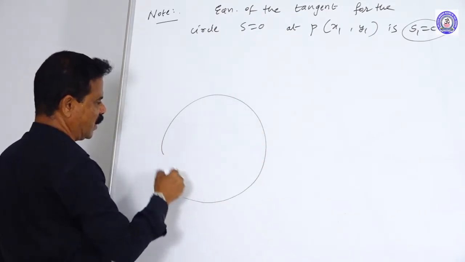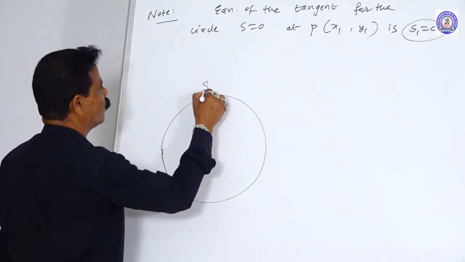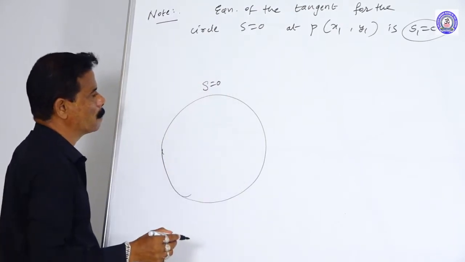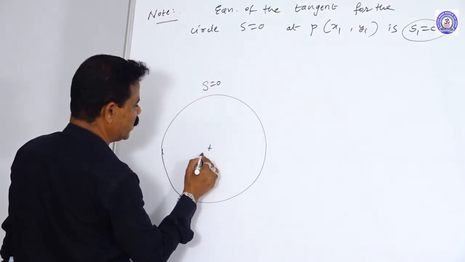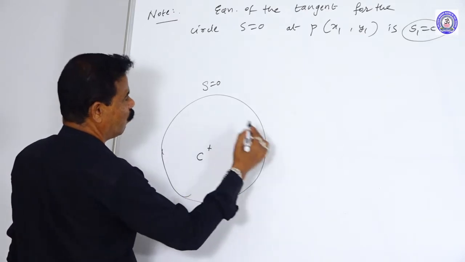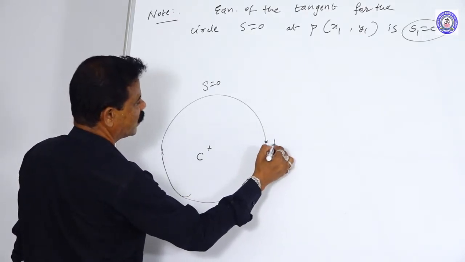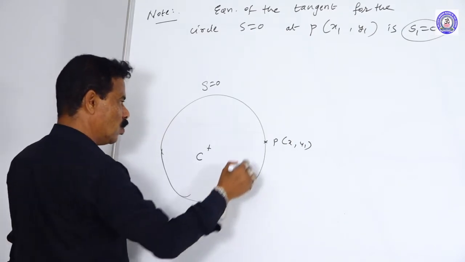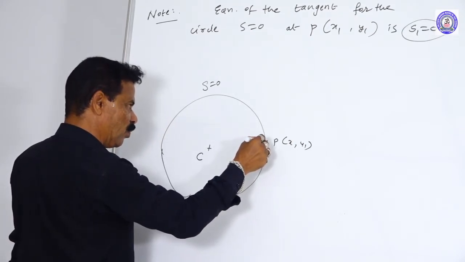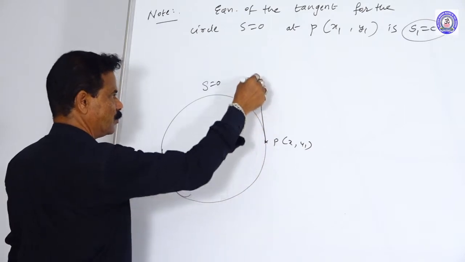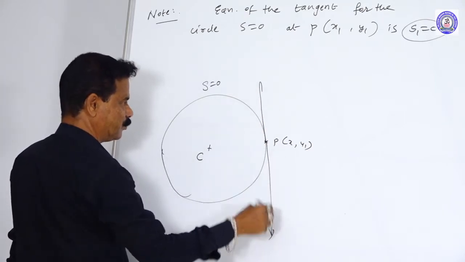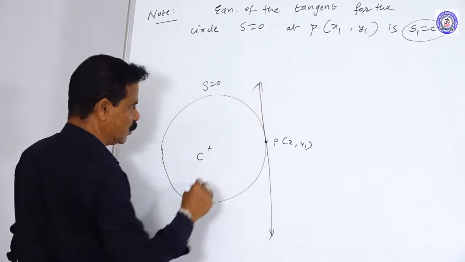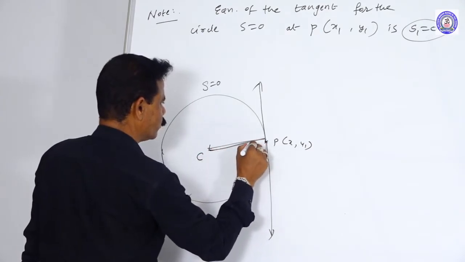This is the circle S = 0, the center of the circle is C, and suppose the point is P(x1, y1) here. The tangent will meet the circle at only a single point. This is the tangent, and this is the normal.